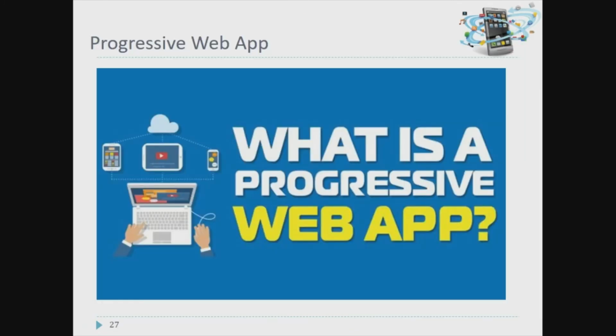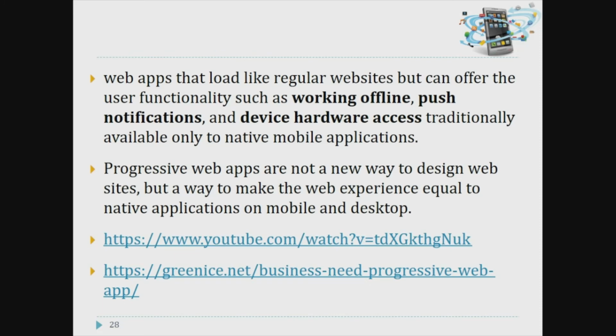The next part is the progressive web application. Here we had two separate URLs, and then we moved to the responsive web application. The next part is the progressive web application. These web apps load like regular websites, but they can offer the user functionality such as working offline, push notifications, and device hardware access like native mobile application development.